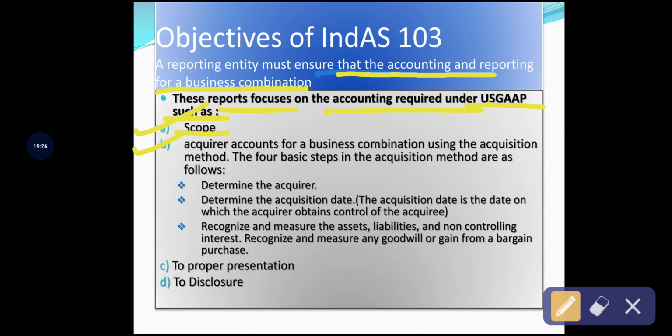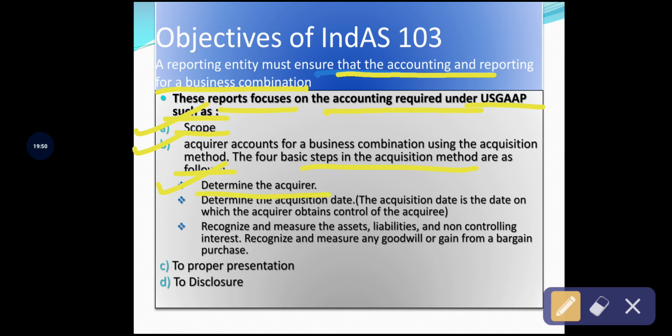The four basic steps in the acquisition method are as follows. For example, if the business organization is engaged in and meets the definition of a business combination, then an acquirer must follow the acquisition method. It includes four steps. First, we are going to determine the acquirer.